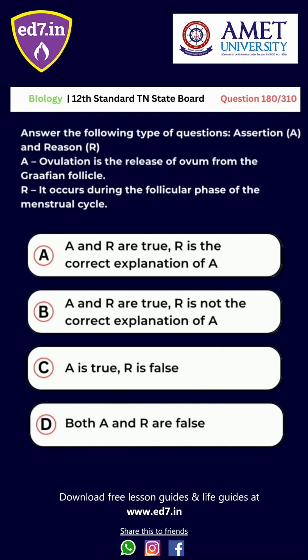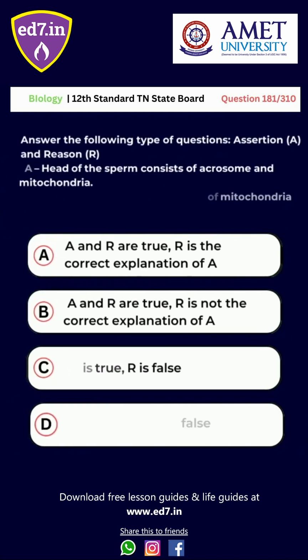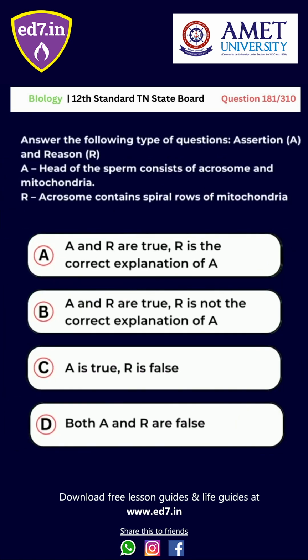R is not the correct explanation of A. Option C. A is true. R is false. Option D. Both A and R are false. Answer: option C. A is true. R is false.